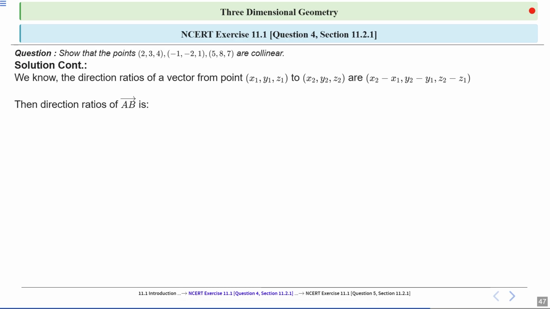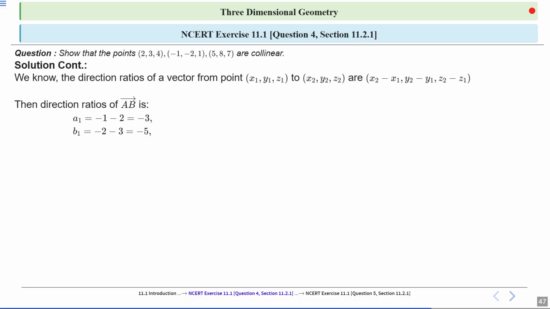Then the direction ratios for the vector from point A to point B, which we will call vector AB, mean we will subtract the coordinates of A from those of B. Let's calculate the x component first. a1 equals -1 - 2 equals -3. So the difference in the x coordinates is -3. Next, the y component b1 equals -2 - 3 equals -5.